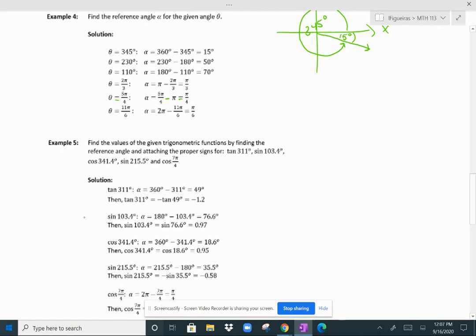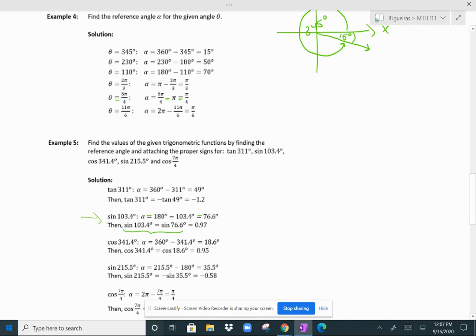So here's another example. I have the sine of 103.4. 103.4 is in quadrant 2. So my reference angle is 180 minus 103.4, which gives me 76.6. So the sine of 103.4 is equal to the sine of 76.6.